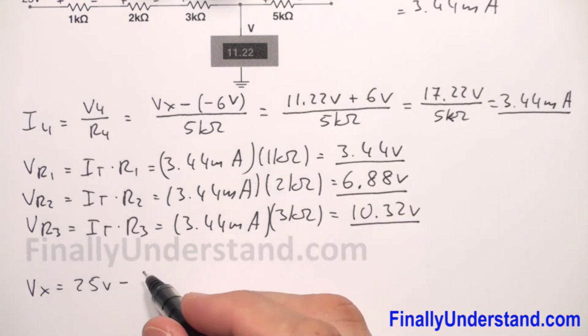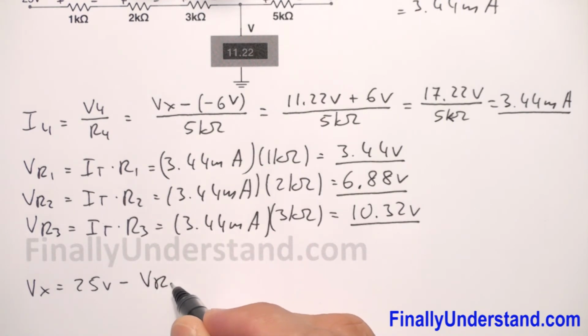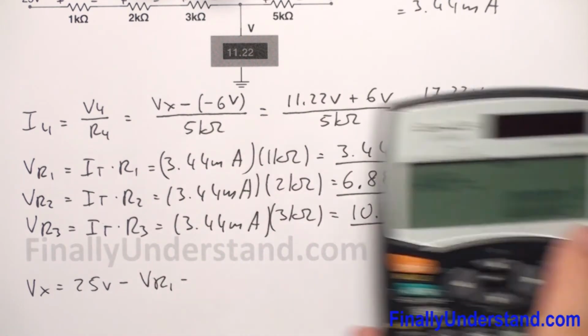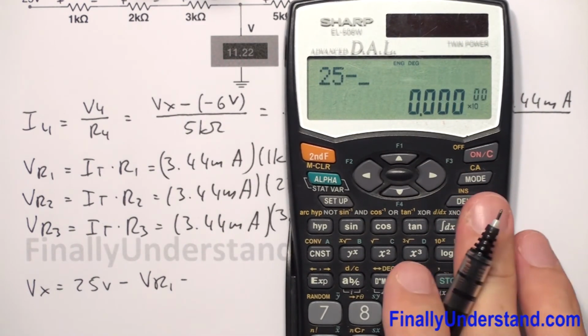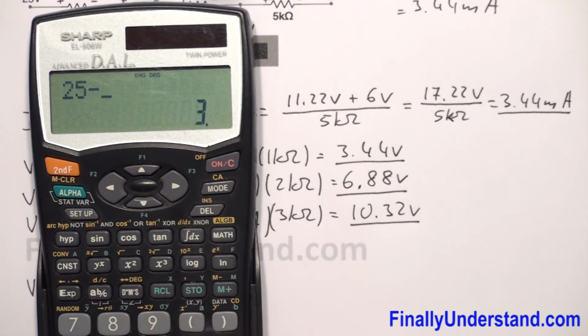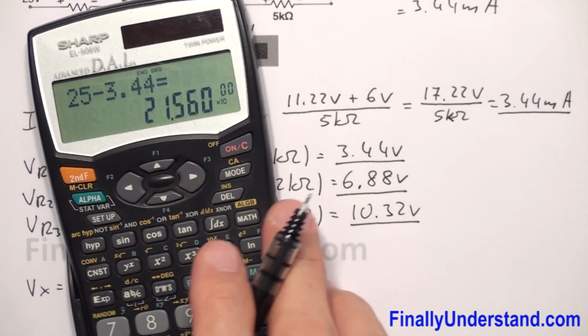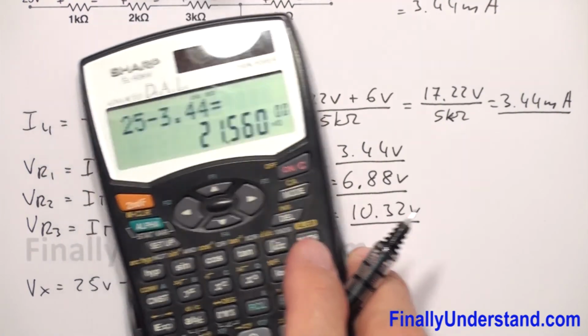So 25 minus VR1, which is 3.44, is equal to 21.56 volts.